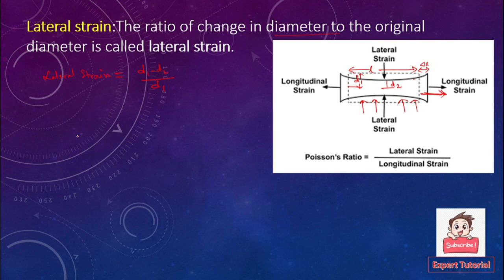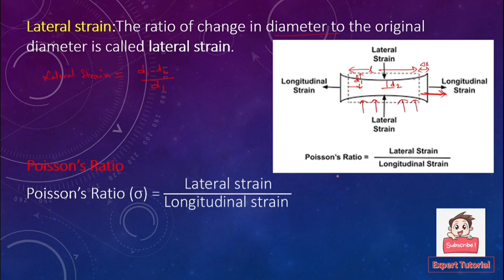Okay. Now there is another important thing that is known as the Poisson's ratio. So Poisson's ratio is nothing but the ratio of lateral strain to the longitudinal strain. So the lateral strain means this change in the diameter to the original diameter.